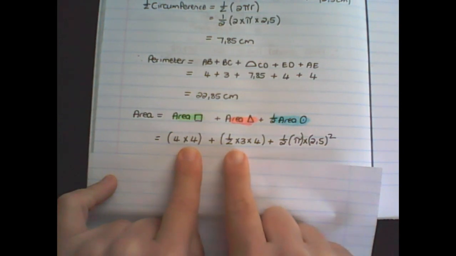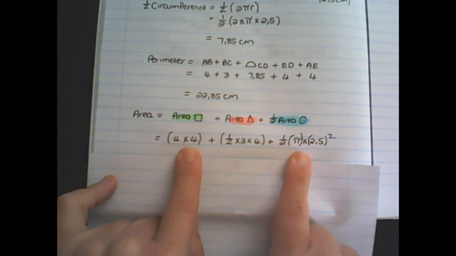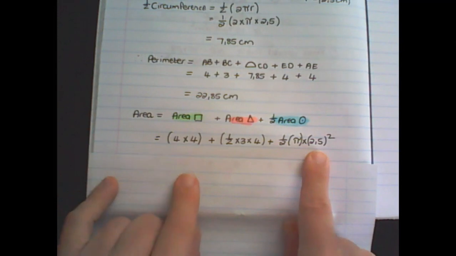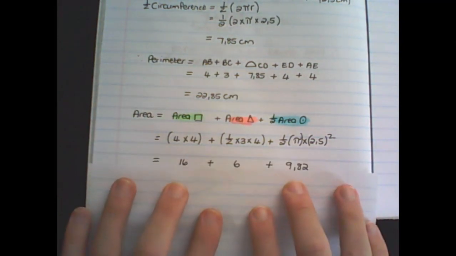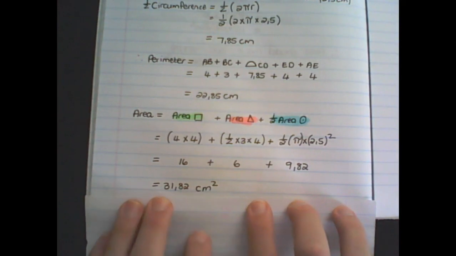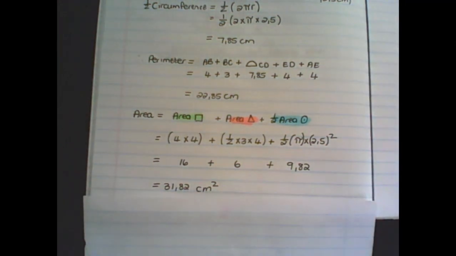So it's half times 3, that's the length of BC, times 4, plus half the area of a circle, so it's half times pi times the radius squared. When I enter all these values on the calculator, I find that the total area of the combined sketch is 31.82 centimeters squared.